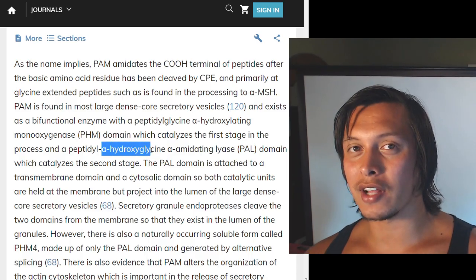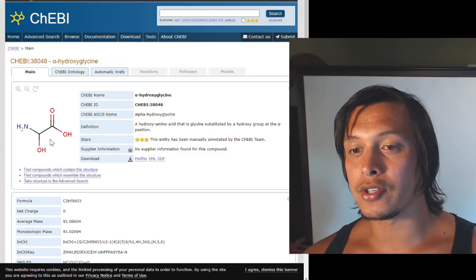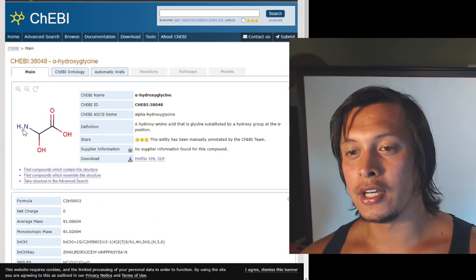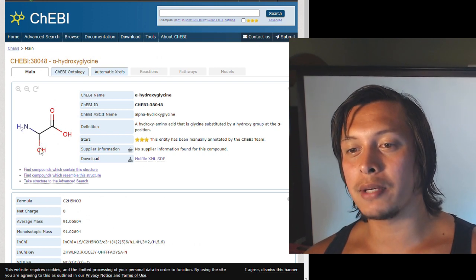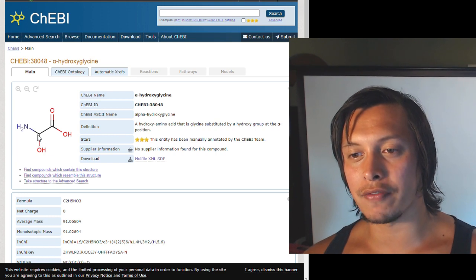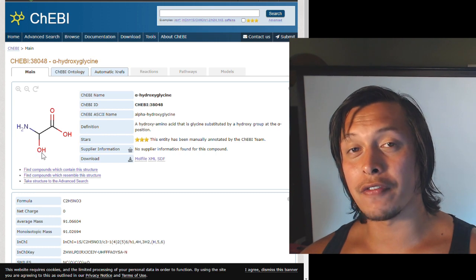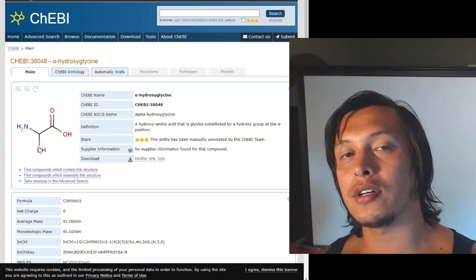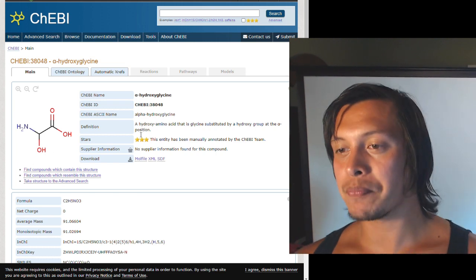Alpha hydroxyglycine means that the hydroxy is on the alpha carbon. So here you can see you have your amino group, your acid group, and this would normally be two hydrogens coming off of this alpha carbon. So this is the alpha carbon. However, since this is alpha hydroxyglycine, one of those hydrogens was replaced with this hydroxy group.